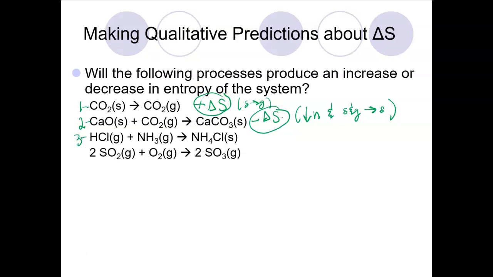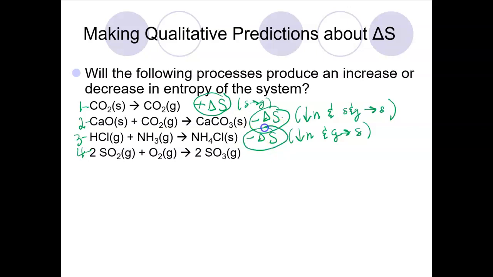So let's look at 3. All right, gas plus gas, arrow solid. So 2 moles of gas on one side, 1 mole of solid on the other. I'm going to go with a negative delta S. This is becoming less disordered. It's becoming more ordered because there's fewer moles and because gas became solid. Scenario 4. 2 SO2, so gas, gas, gas. All right. Okay.